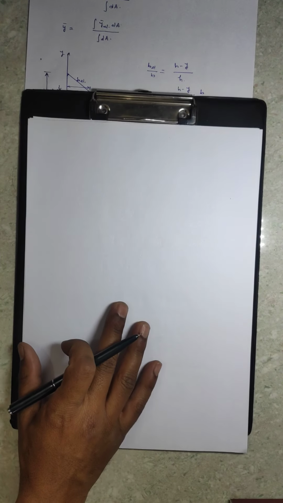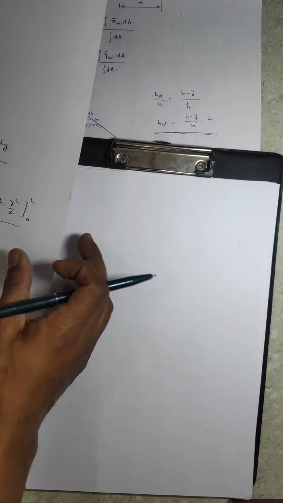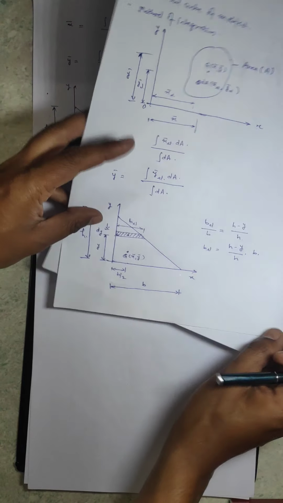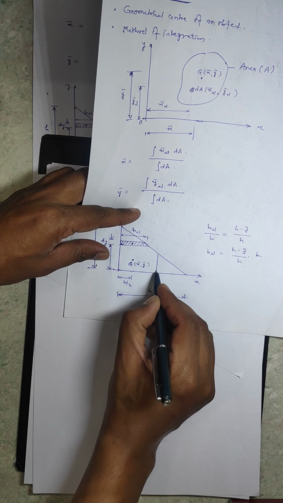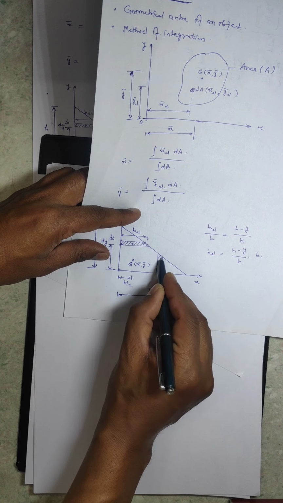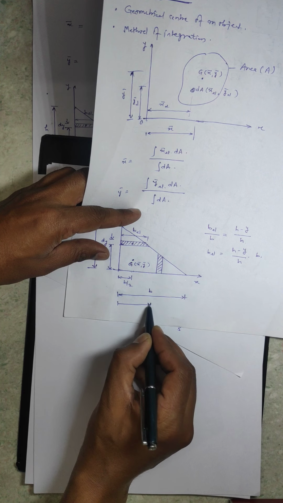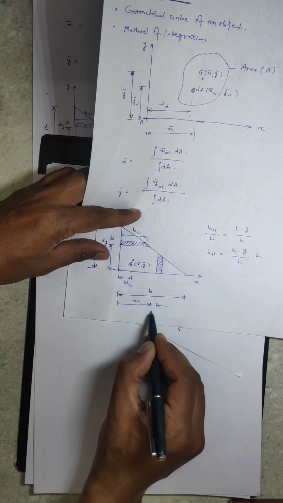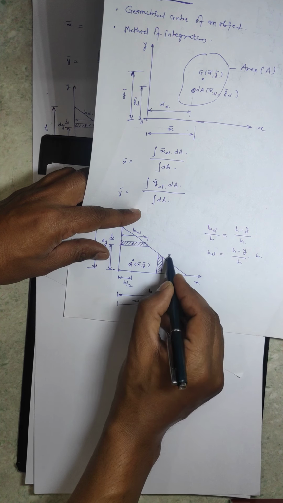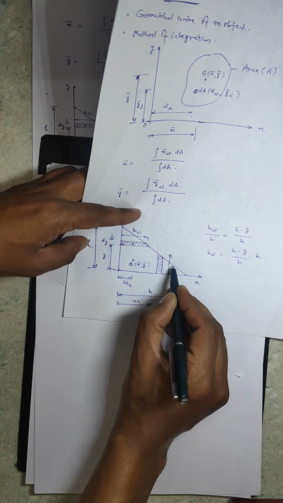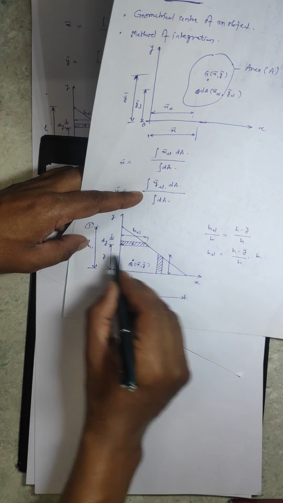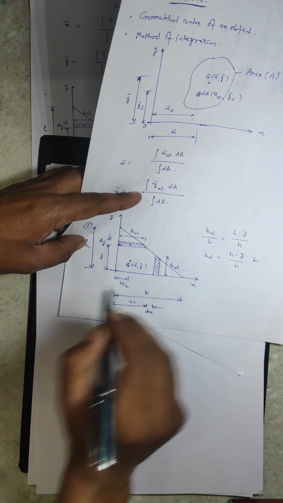Similarly, for finding y bar, we can take a vertical strip at a distance x from here, having width dx, and this height is taken as h elemental.